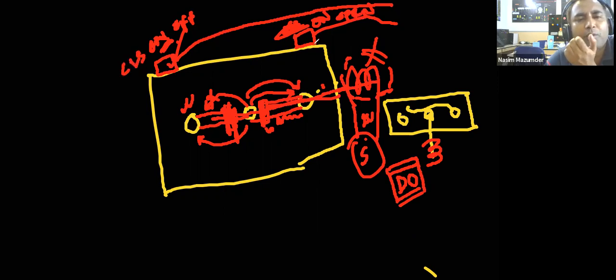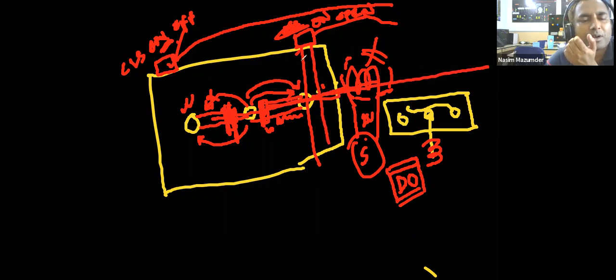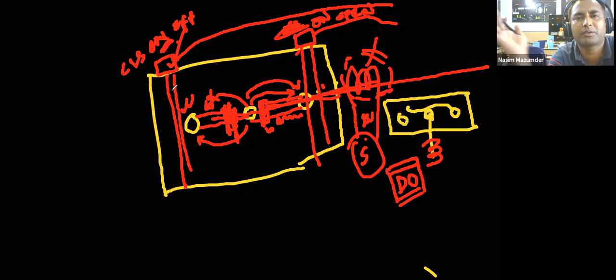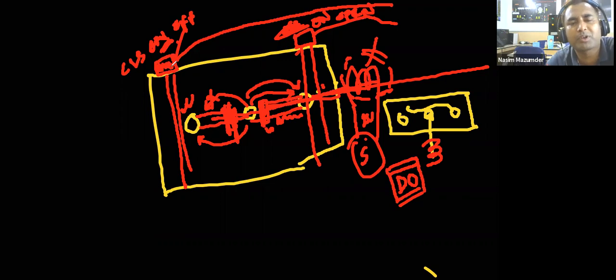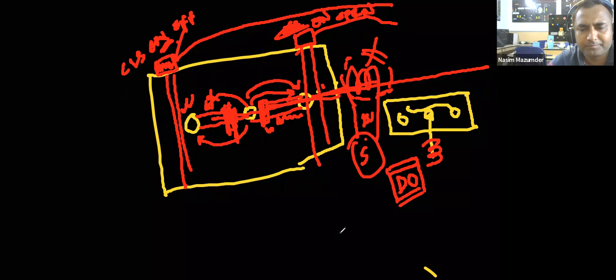If it is open, it means your cylinder is here. And if you are pushing it and it is here, then the cylinder is closed. So this switch will give you the feedback whether your power cylinder is open or closed. So one for open, one for closed. You need 2 digital input signals. Okay.